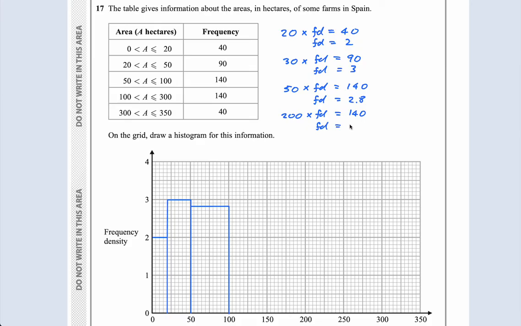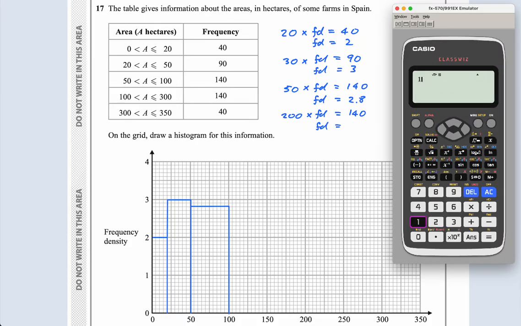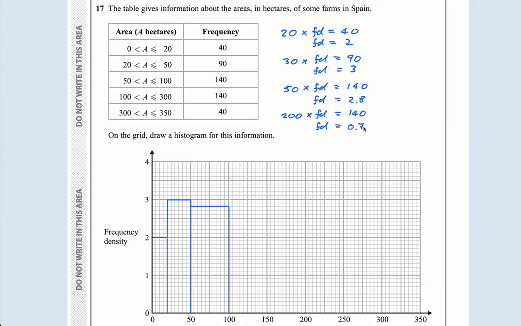Frequency density equals 140 divided by 200. 140 divided by 200 is 7/10 or 0.7. So from 100 all the way to 300, I'm only going to go to 0.7. Try and be super accurate, guys.